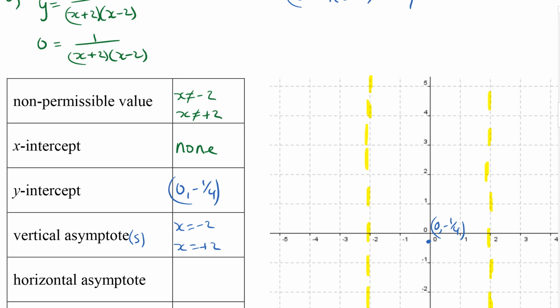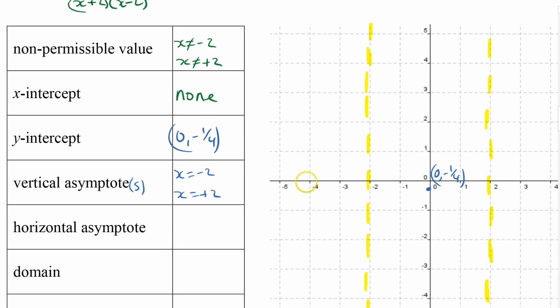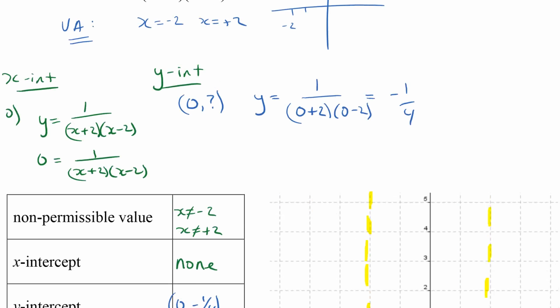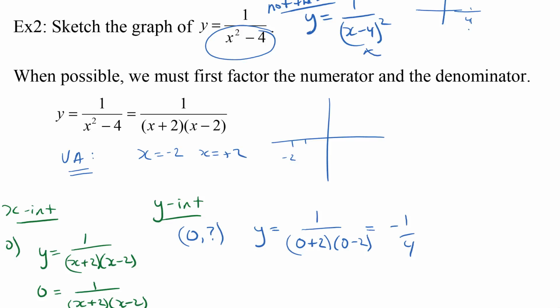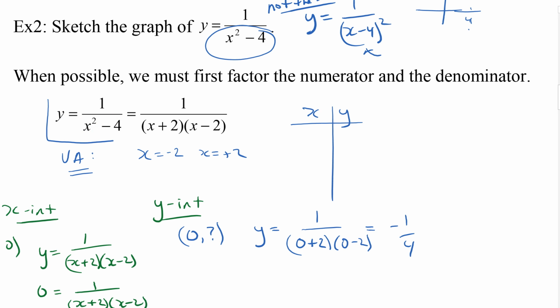So really the horizontal asymptote, we're wondering what happens when x gets very negative and very positive. So if we consider our values here, let's just make kind of an x and a y grid here. So if I look at my x squared minus 4, if I put some very large negative value in there, let's say -100, what do I get for my y value?